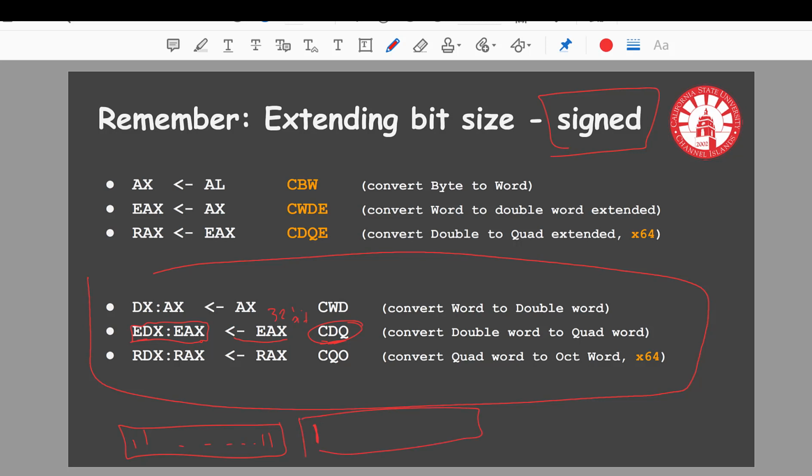So for the unsigned number, you put 0, but for a signed number, you can use this bit extension to take care of the sign bit for you. If the sign bit is 0, it's going to put 0 into your EDX register. But if the sign bit is 1, it's going to populate your EDX register with 1s, to keep the sign of your number.